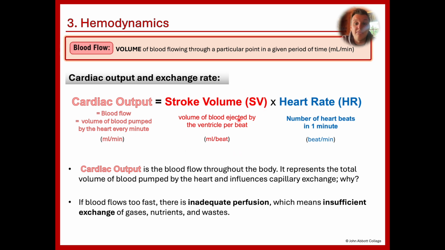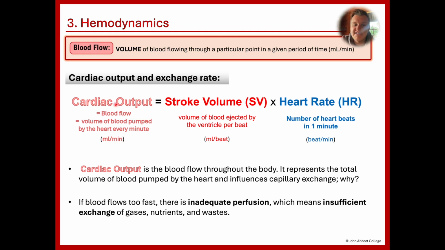That's changing how much blood will be ejected every scoop. Versus if I had 1 cup, right, and I started to transfer the water, but then I sped up, like I was going faster back and forth, then that's changing the rate, the heart rate, right?